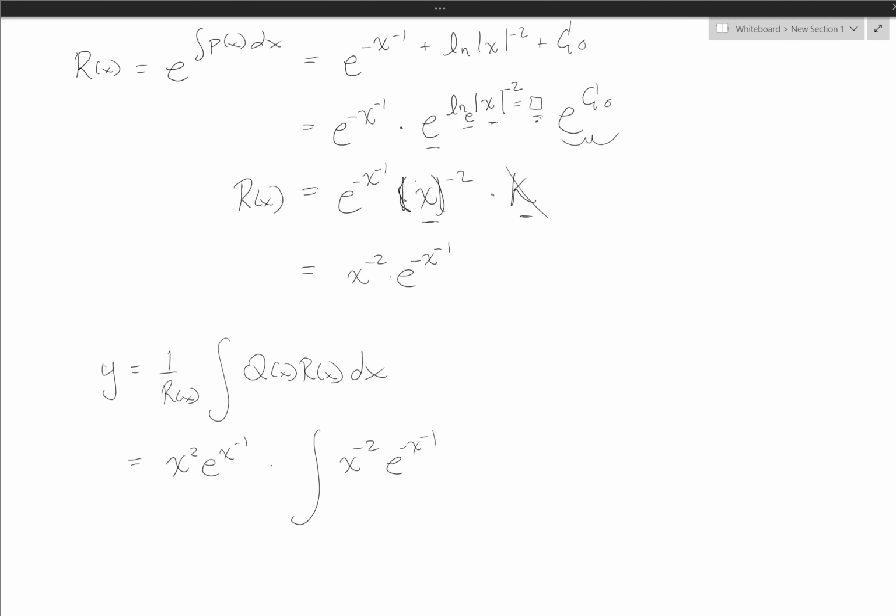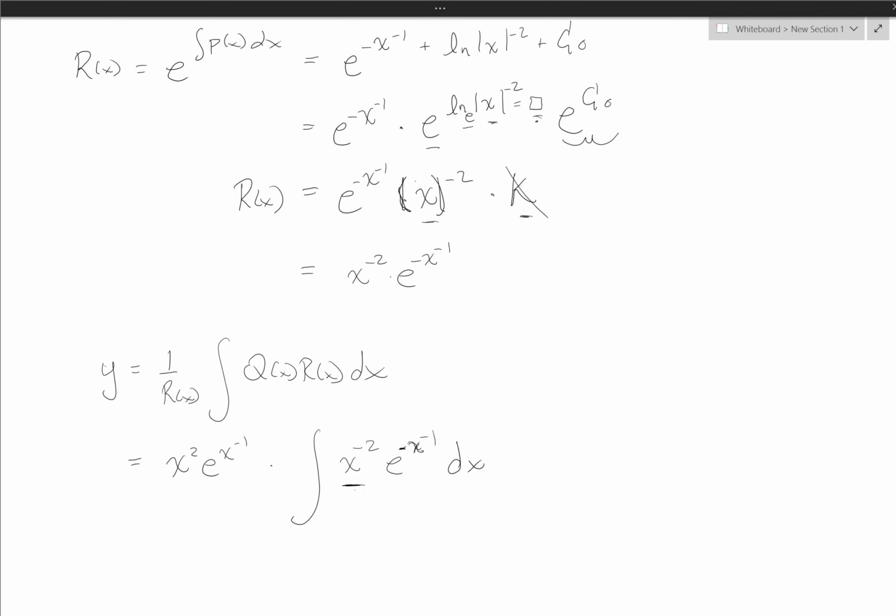Okay, and so what can we do here? How are we going to solve this integral? It may look complicated, but it's actually not all that complicated. Look, we've got something that, so negative x to the negative 1 looks like it is the derivative, right?